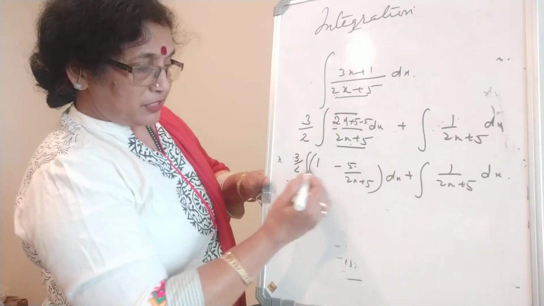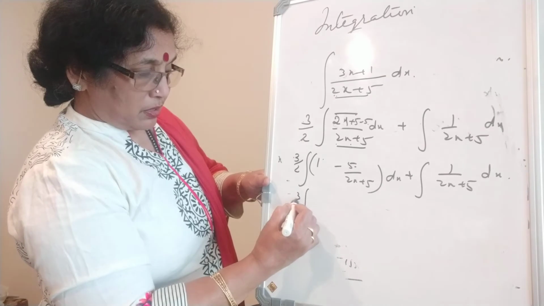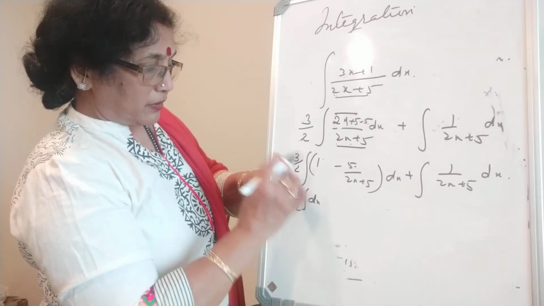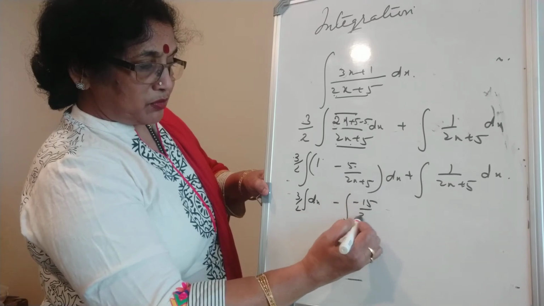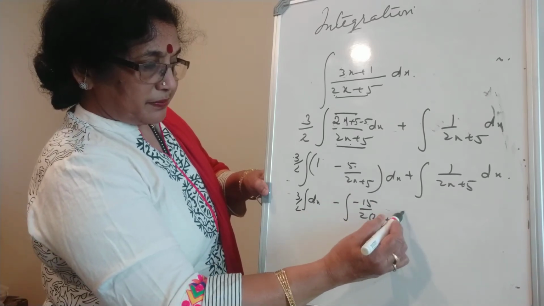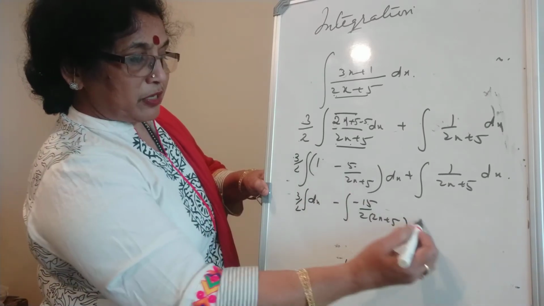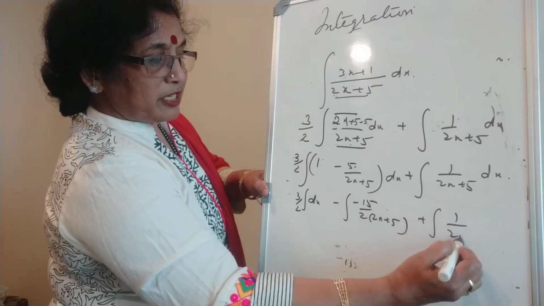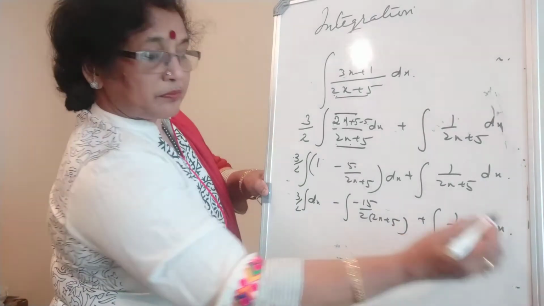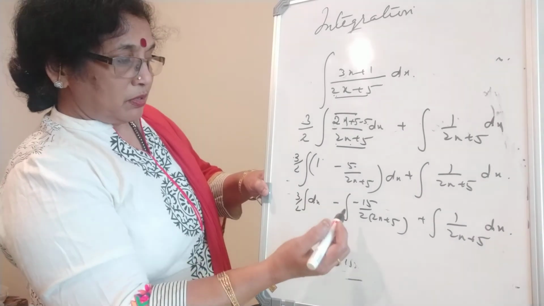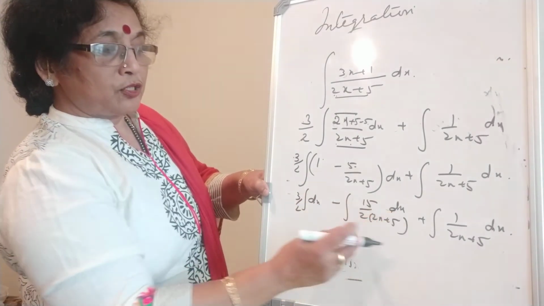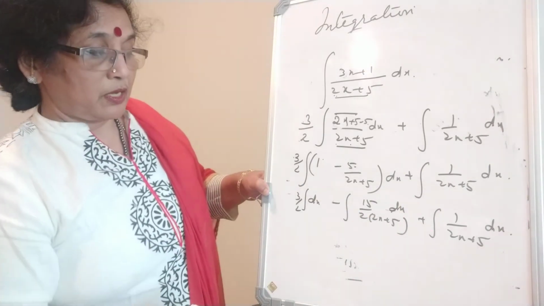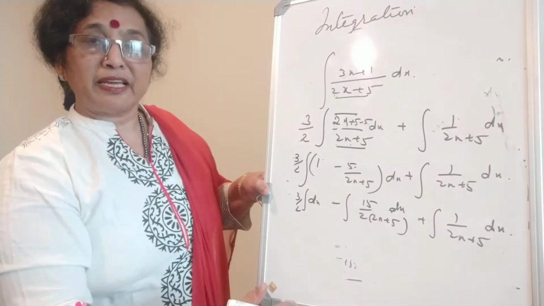Isn't it? Minus 15. So this is 3 by 2, 3 by 2 dx 1. Okay. Then this is integration of minus 15 by 2, 2x plus 5, minus 15 by 2 and plus 1 by 2x plus 5 dx. So this is not minus, minus is here with dx. So minus 15 by 2 plus 1 is minus 13 by 2.